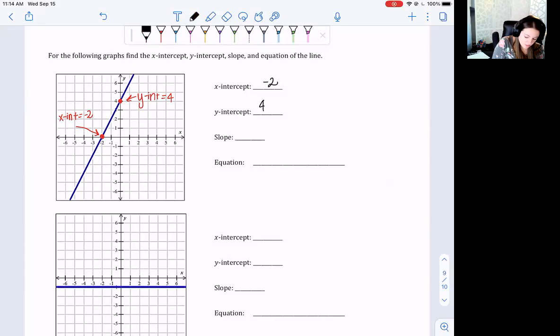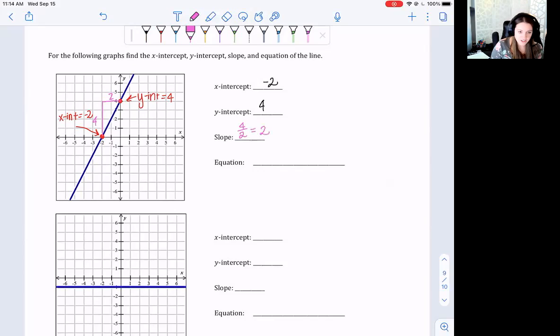To find the slope, we have 2 points on the line, so we can do rise over run. Starting here at our x-intercept, we need to go up 4 units and right 2 units to get to the next point. So rise is 4, run is 2.